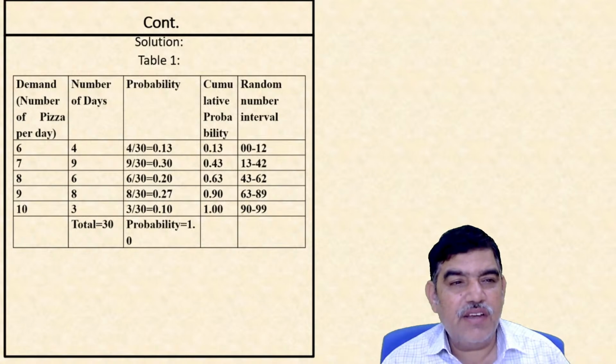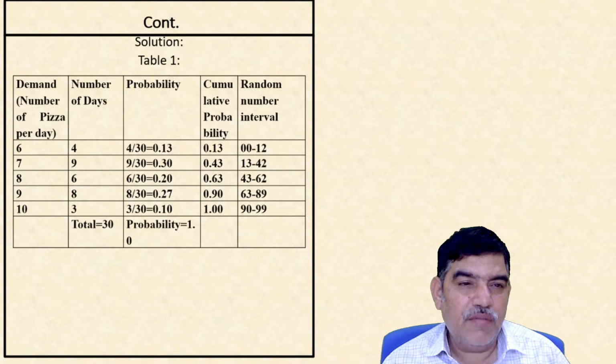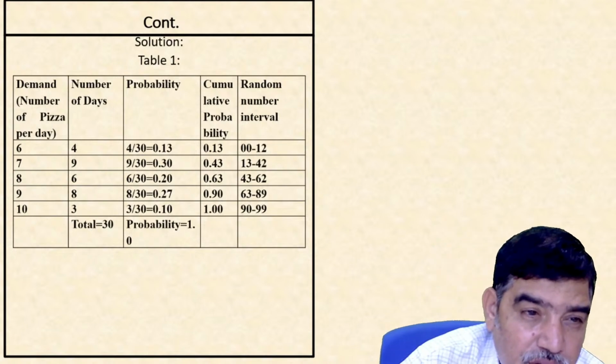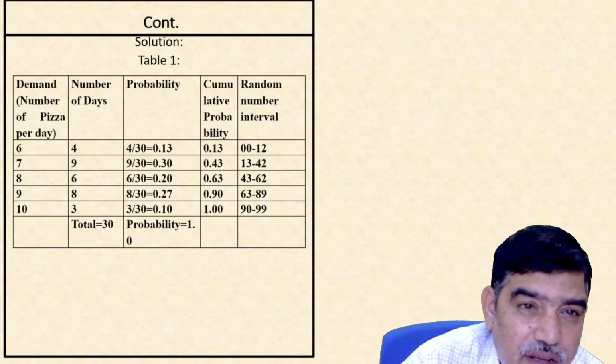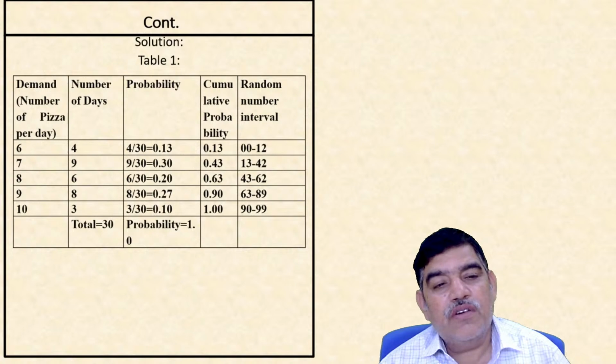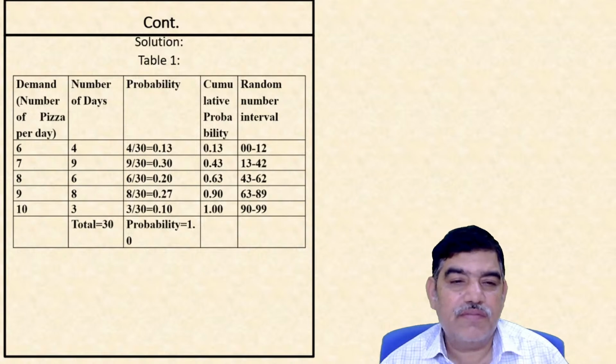Out of 30, the demand is 6 pizzas per day, which we calculate from the past data. Then you find the probability. The total number of days is 30. So 4 by 30, that is the probability, 0.13.